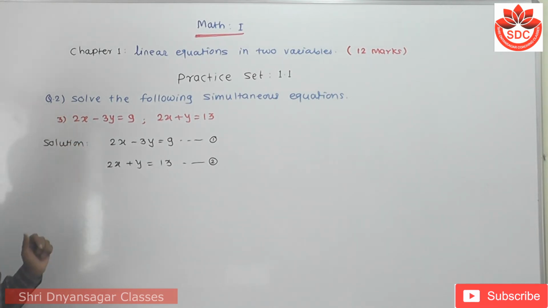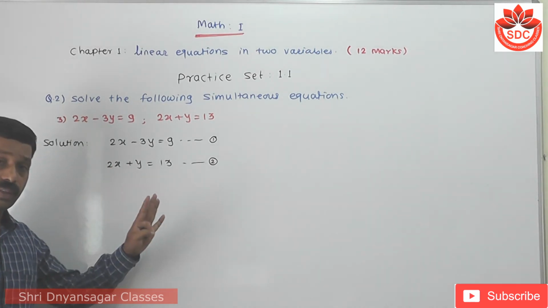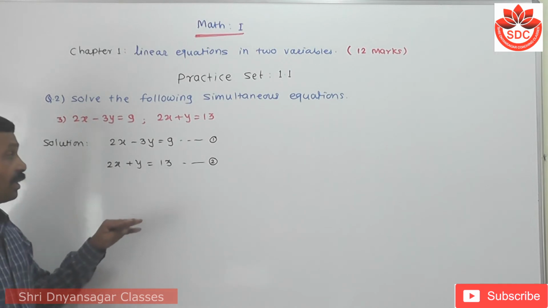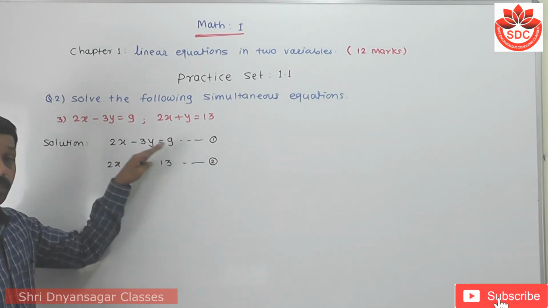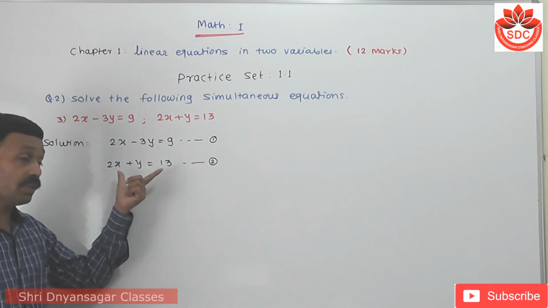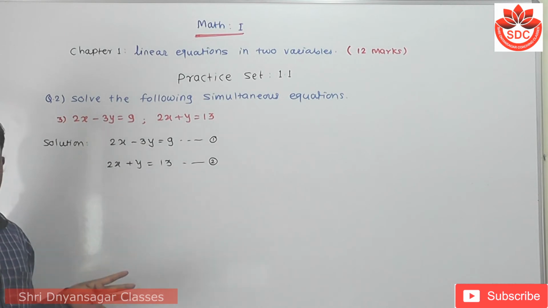We can cancel this, so we directly subtract equation first and second. Or you can also write it as subtracting equation first from equation second. At that time you have to write equation number second first and then subtract. Or you can directly take it as it is.